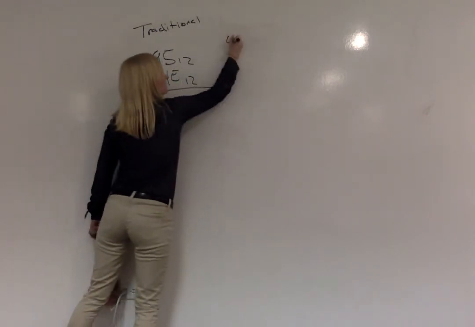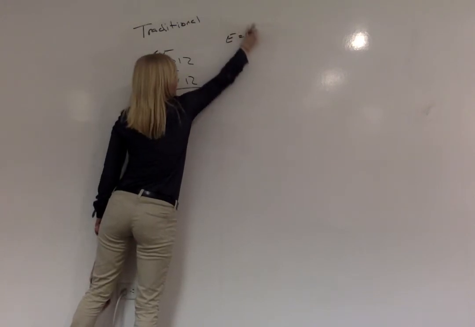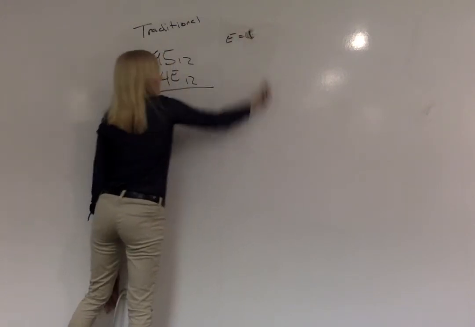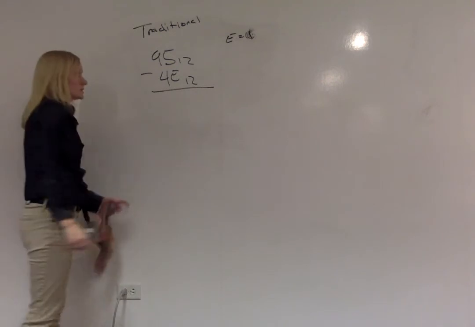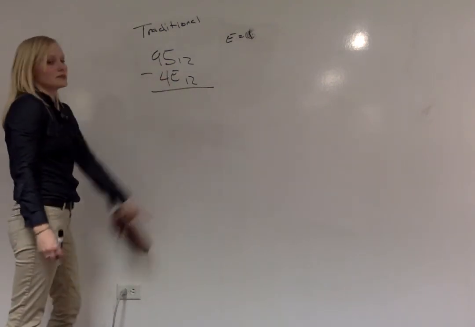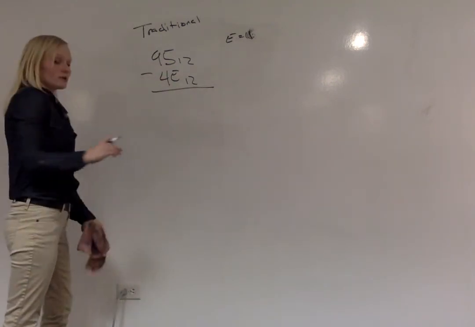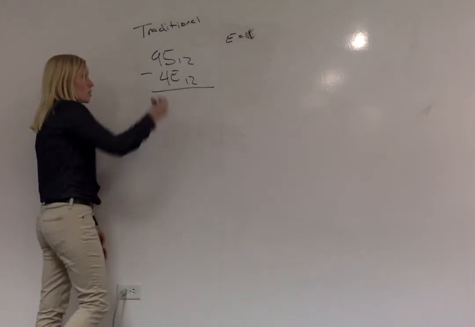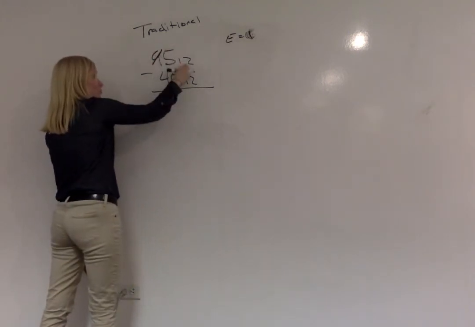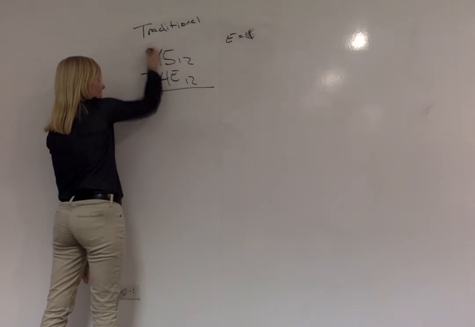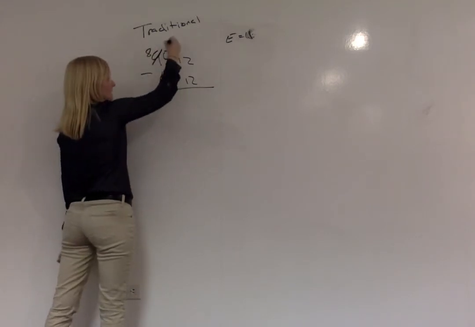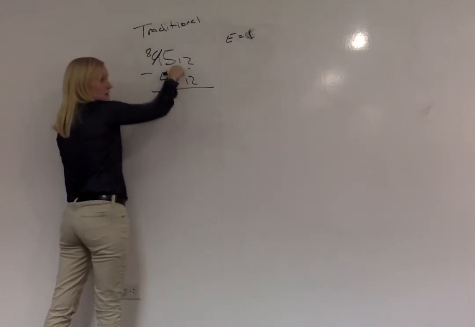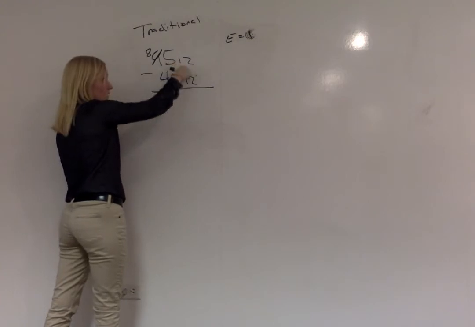e still equals 11, even in subtraction. So 5 minus 11, that's not possible without getting negative numbers. So we will trade a group of 12 from the tens place and create a trade of 12.